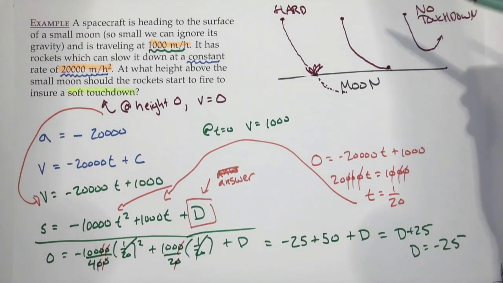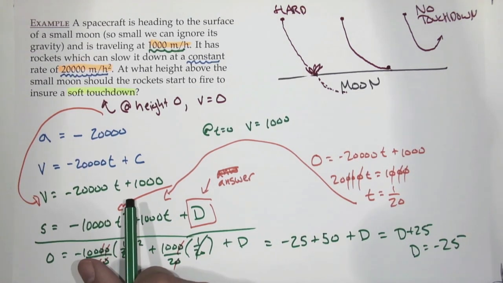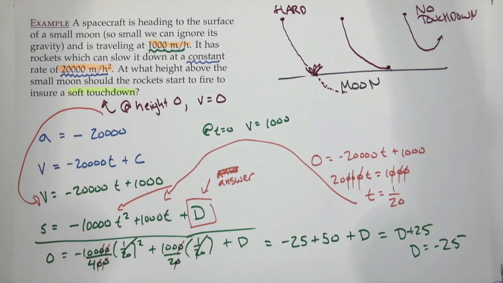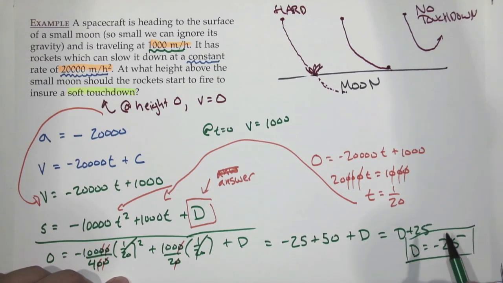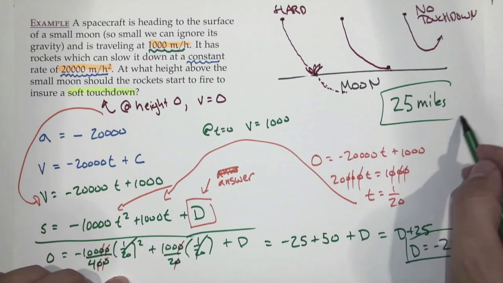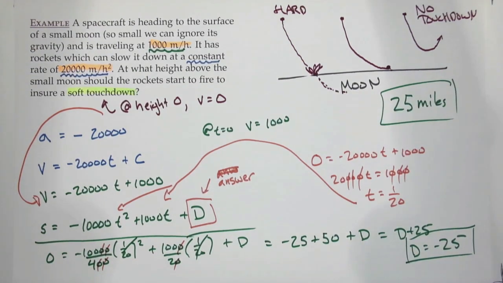Well, we didn't really do a good job with our units here, because we didn't talk about what was the sign of velocity. So we're actually okay. So our answer is 25 miles. That's how far up. Okay, good.